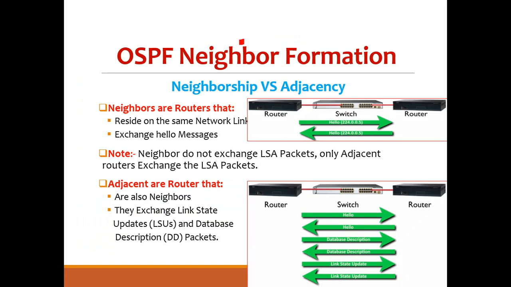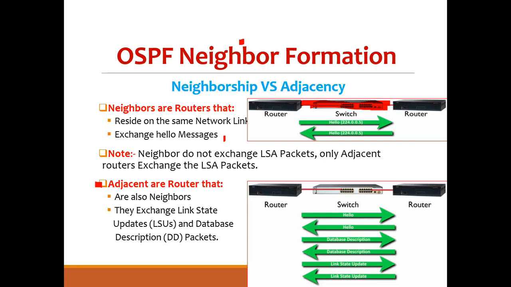Now, OSPF neighbor formation. OSPF has two types of neighbor: one is the OSPF normal neighbor, and the second is the OSPF adjacent neighbor. In an OSPF network there are two types of neighbor. Maybe I have 10 routers in my network. As I told you, there will be one master and the others will be slaves.